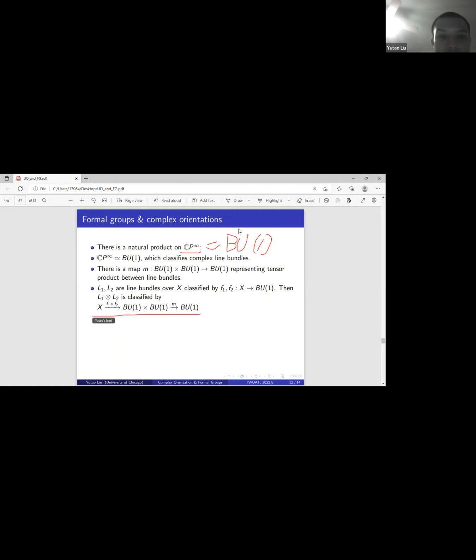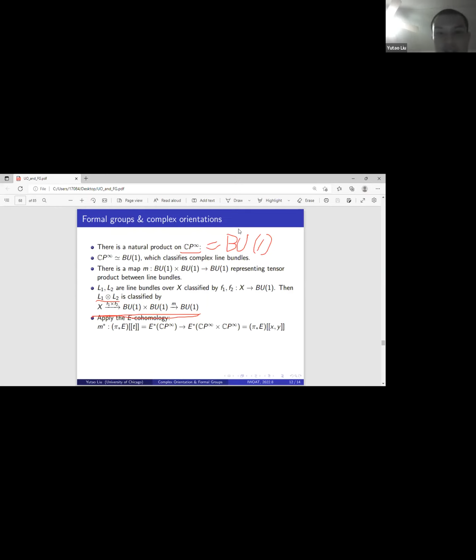You map X by F1 to the first copy and F2 to the second copy, and then you apply the multiplication map. This map classifies another complex vector bundle which agrees with the tensor product of the two given bundles before.